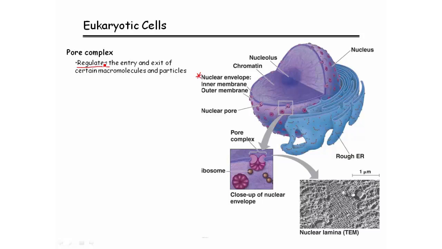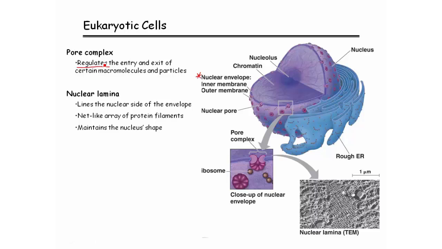This means that not just anything can pass back and forth through these little tunnels. These pores will be able to open and close to select what gets to cross that membrane. So at various times throughout the day, throughout the seconds, throughout the moments, we're going to have molecules that both enter the nucleus to look at the genetic information there, and then we'll also have molecules that exit the nucleus to take that information to the rest of the cell.